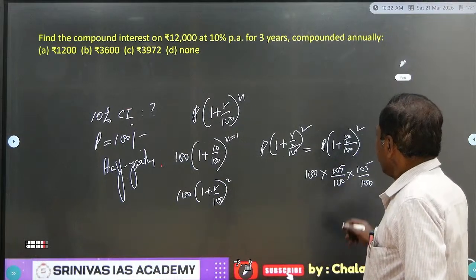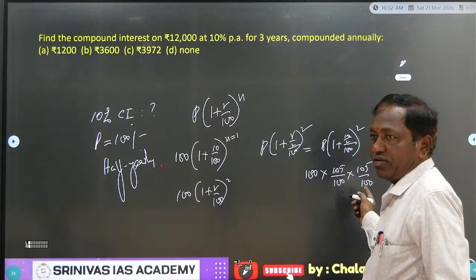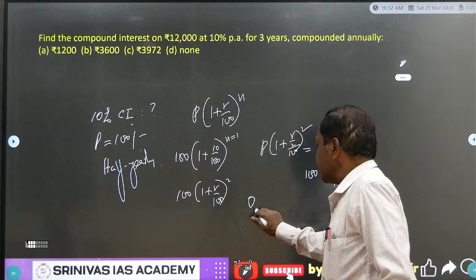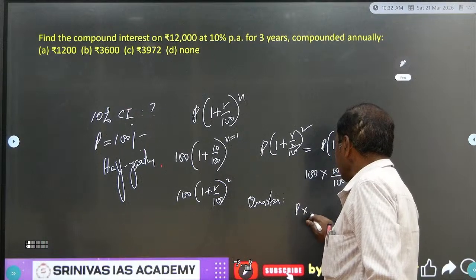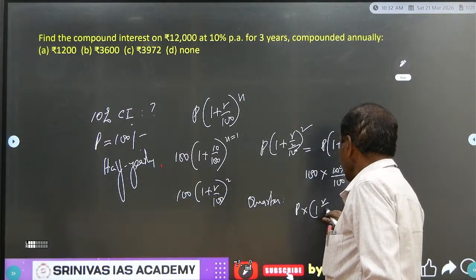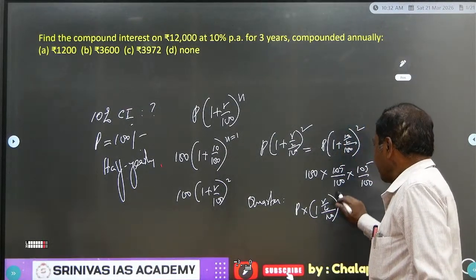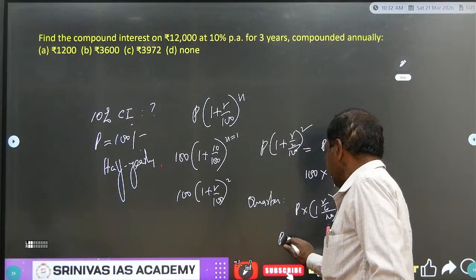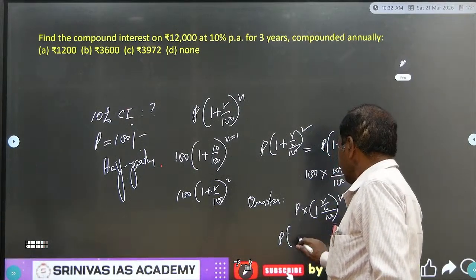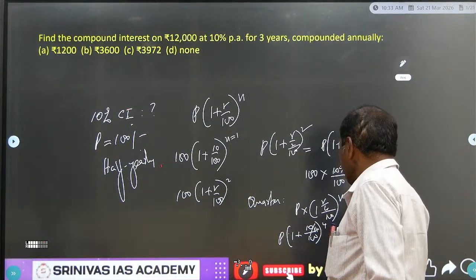If the time is 2 years, it means 4 terms will happen if it is half yearly. If it is quarterly, P into (1 plus R by 4 by 100), as there are 4 quarters in a year, and N is 4 terms. So 100 into (1 plus 10 by 4 by 100) to the power of n, the 4 terms.